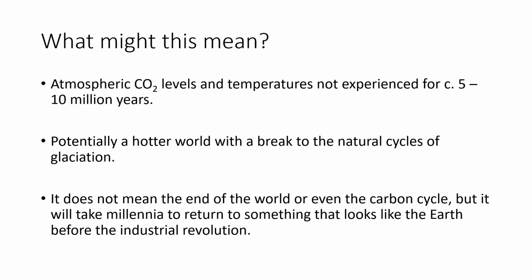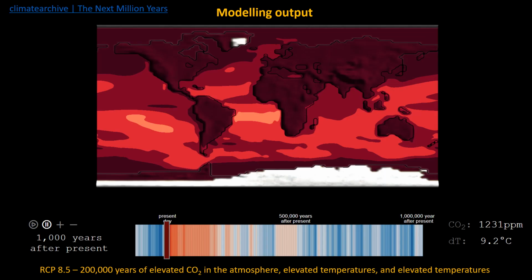And people have tried to model this. What we can see here is a modelled output trying to show what might happen to the Earth in the future. And this is based on that very high emission scenario, the 8.5 scenario. And what we have here is temperature, represented by colours, against pre-industrial, so blue being cold and red being warmer.